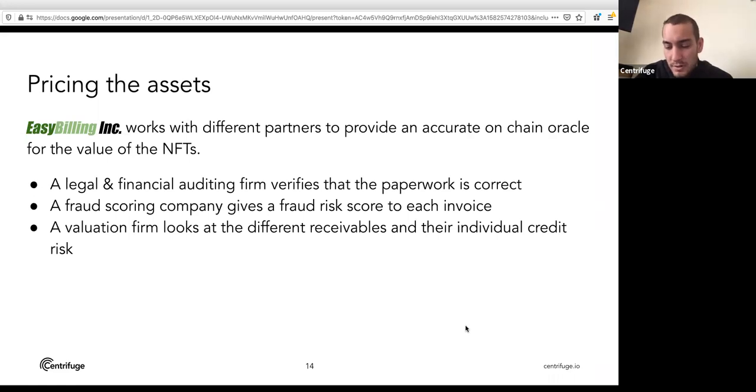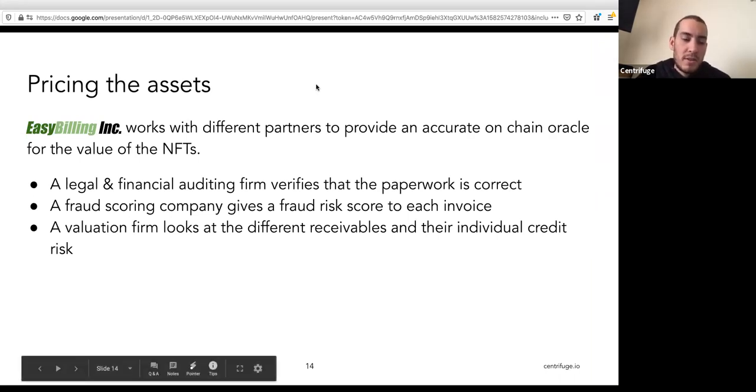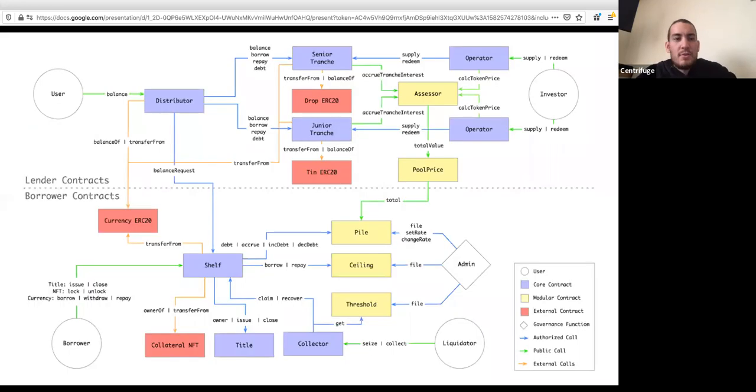Having gone through this process, the next step is to deploy the contracts and set up on chain how all of this works that I've described at a high level. So I'd like to walk through a little bit how these contracts work and how we designed the system to allow dealing with these different assets and different scenarios.